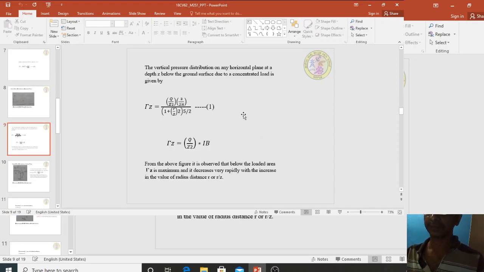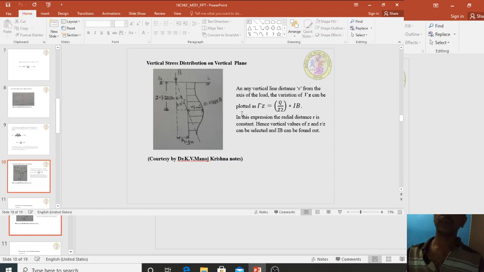Similarly, if I want to calculate how the vertical stress distribution takes place in a vertical plane, let Q be the load which is acting at a distance r equal to 1 meter. Then if you substitute r is equal to 1, and vary z, r by z as 0.2, one value, 0.4, one value, 0.6, one value, 0.8, one value.